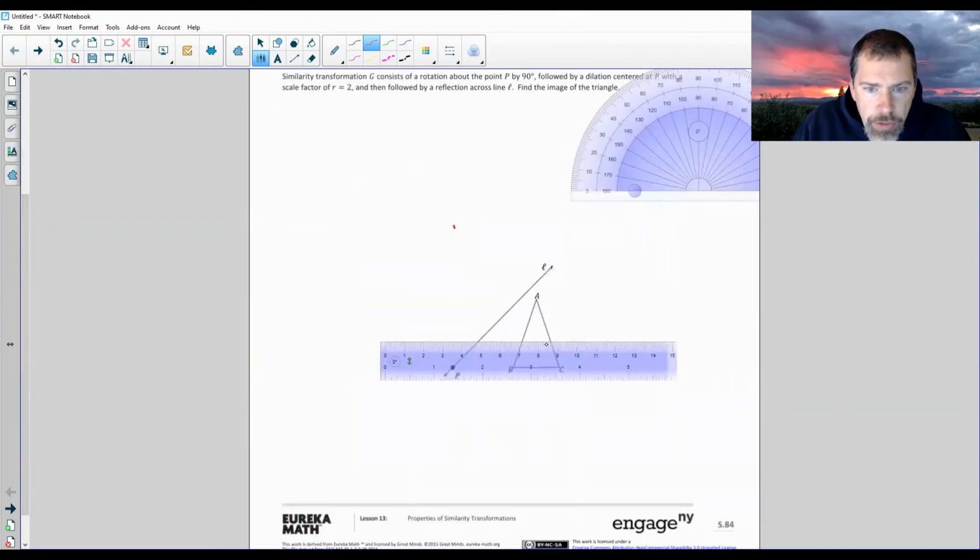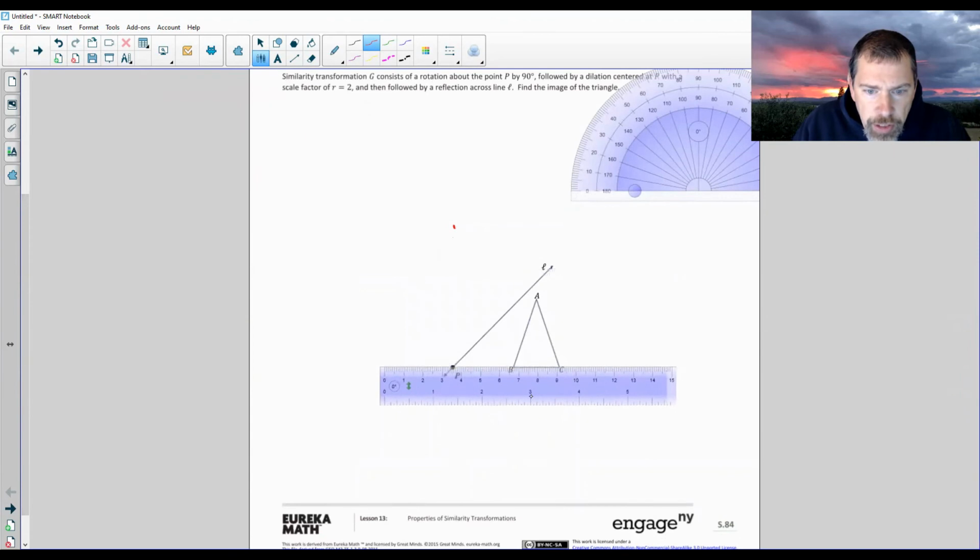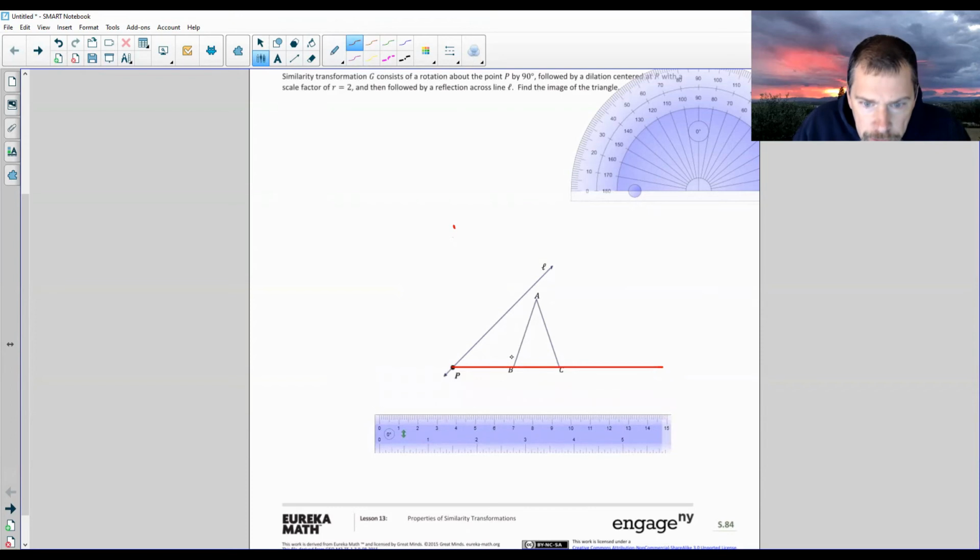Okay, so first thing I'm going to do is draw a segment or a line extending through my point P, through B and C, like so.